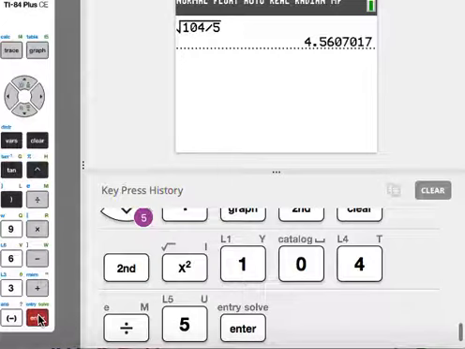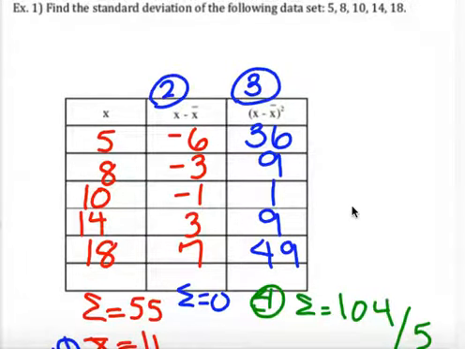We will round standard deviation to the nearest hundredth. Okay? Follow the directions on whatever your worksheet or quiz says, but we will round the standard deviation to the nearest hundredth.